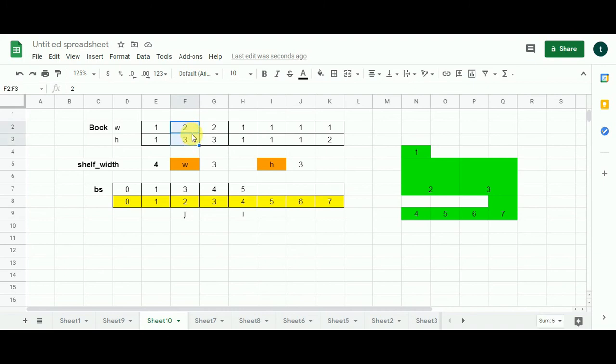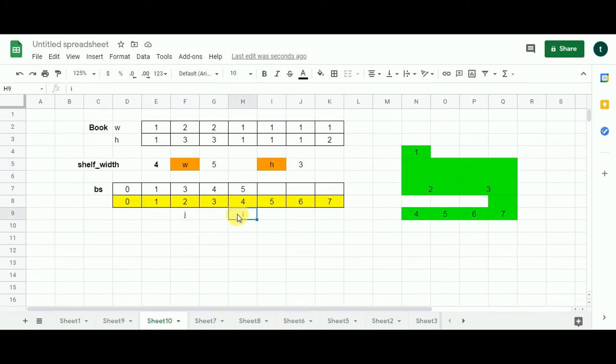Here the width is 2. 3 plus 2 is going to give me 5. So I'm going to update 5 over here. 5 is greater than 4, the shelf width. That means there is no chance that we can place these 3 books together. Alright, that's it. So our J iterations must be over. The algorithm will continue, but for the demonstration purpose, we'll move ahead.